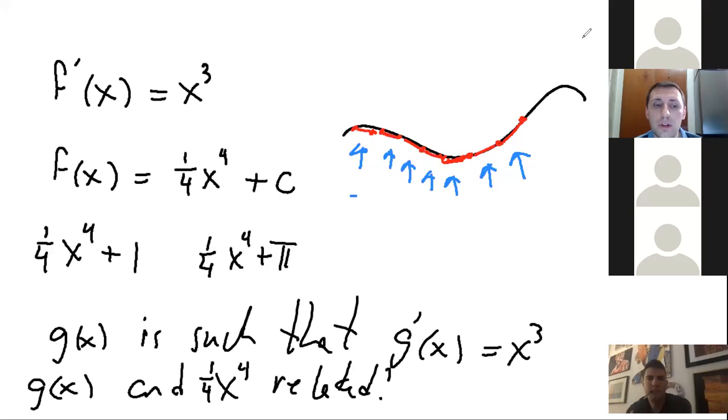So if I observe that two chains have the same orientation for slopes, in other words, I know that I have a function whose curve g prime of x has slope x cubed at any point x, and then if I take the derivative of 1/4 x to the 4, that will also be true. So my question is, how are the curves 1/4 x to the 4 and g of x, the unknown curve, related? Do you understand the question, guys?